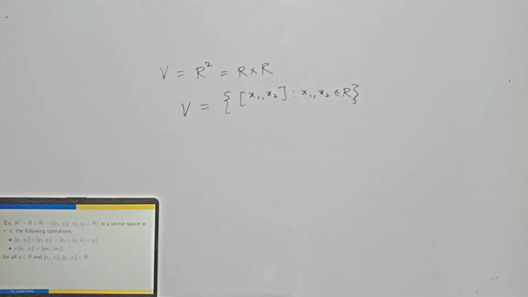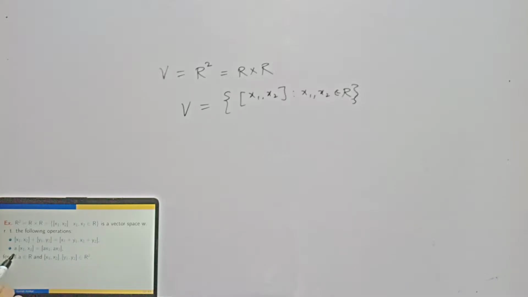So what are the vector addition and scalar multiplication operations in this example? How to add two vectors (x1, x2) and (y1, y2), say any two vectors in V, in this case R2? Coordinate-wise addition. This is the definition.